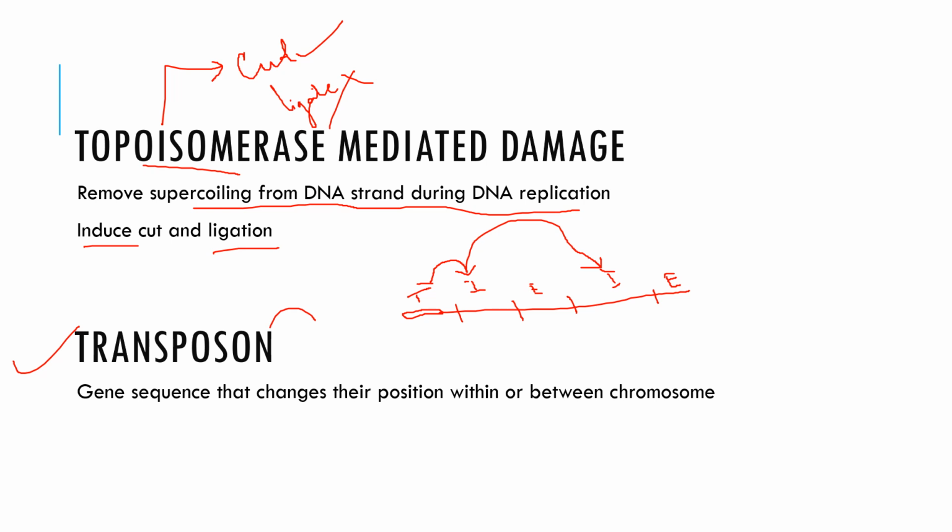But if the transposon jumps from one exonic region to another exonic region, it will affect the structure or function of the gene, and it will lead to insertional inactivation. As long as transposons are in the intronic region, they will not cause any error.